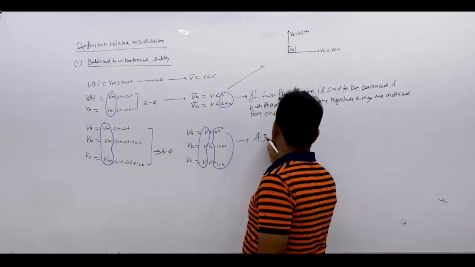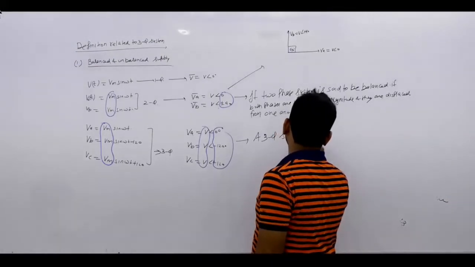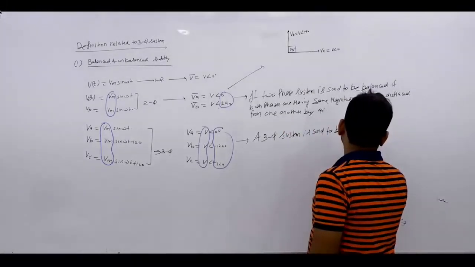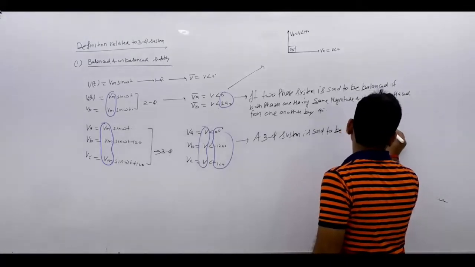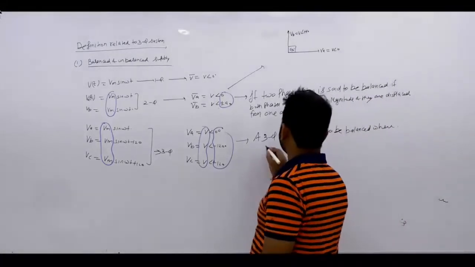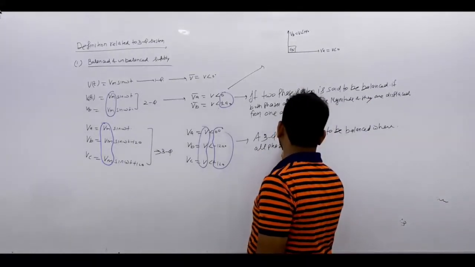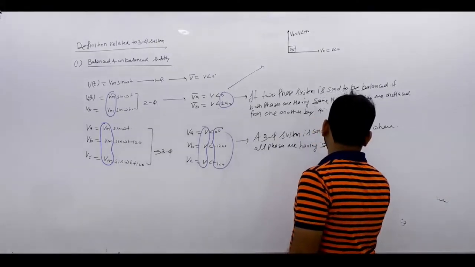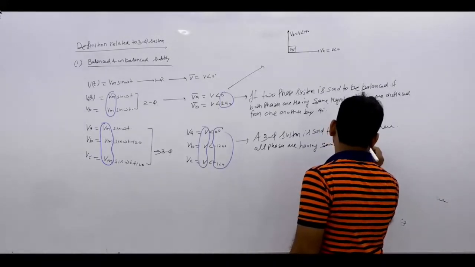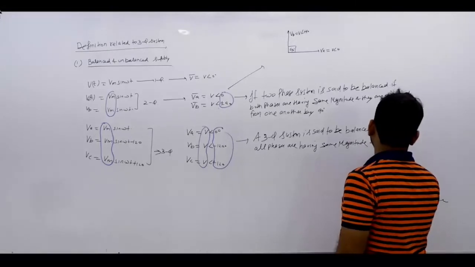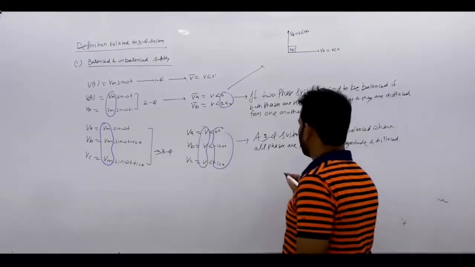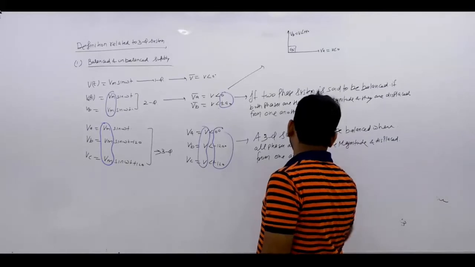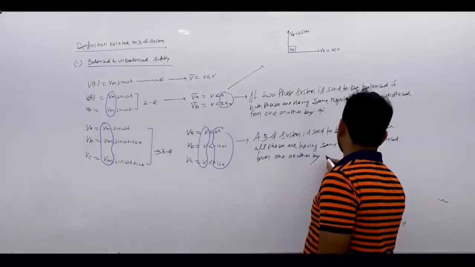A three-phase system is said to be balanced when all phases are having the same magnitude and displaced from one another by 120 degrees.